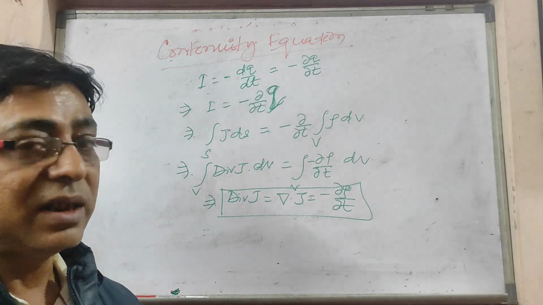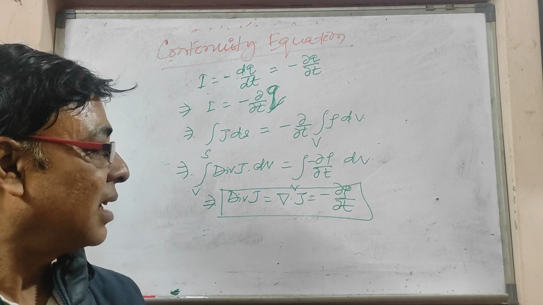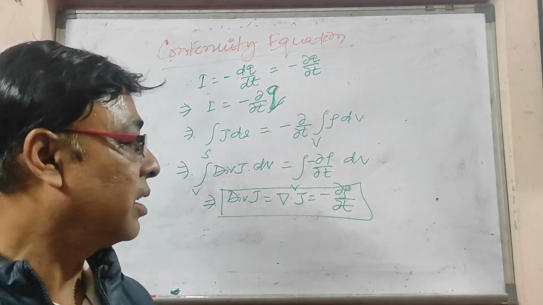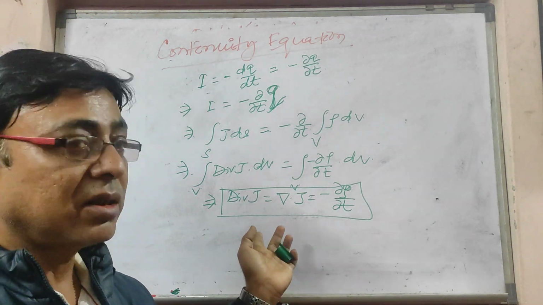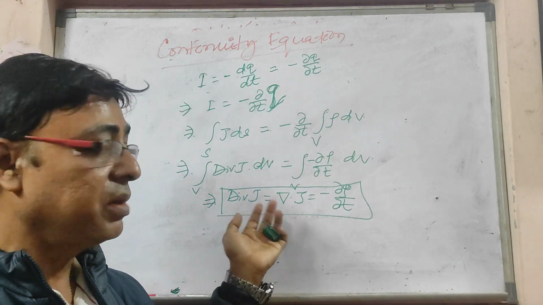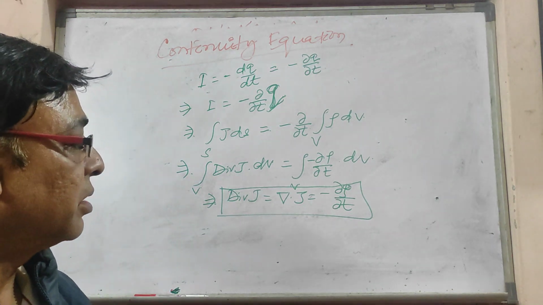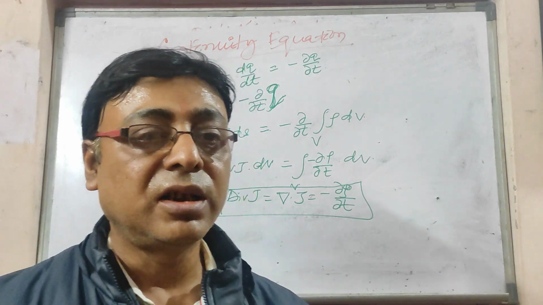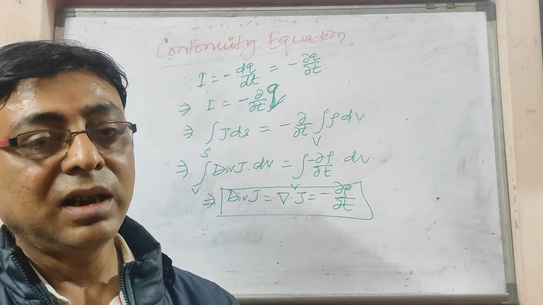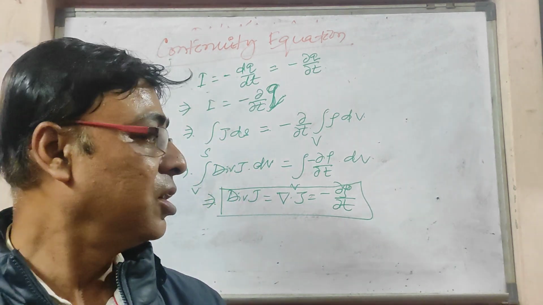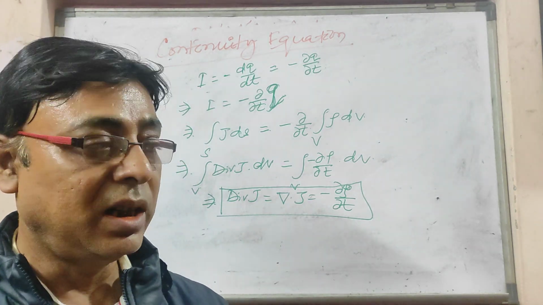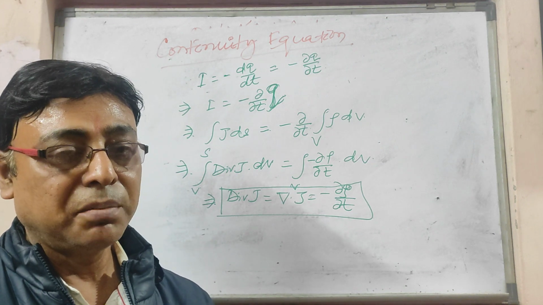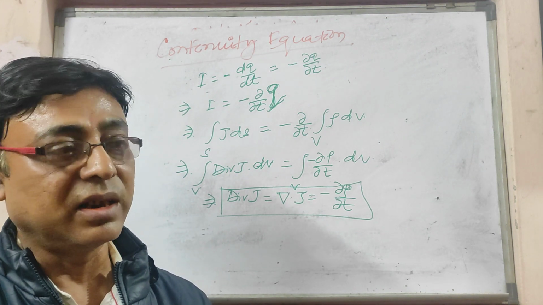The gist is that the time varying charge constitutes the current. That is the concept or the basics behind this continuity equation. This represents the conservation of charge, which signifies that the time varying charge is responsible for establishing the current.